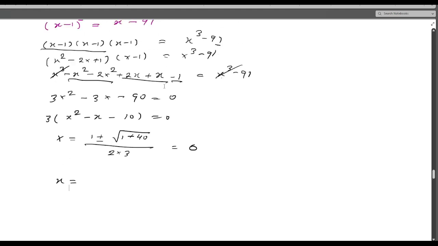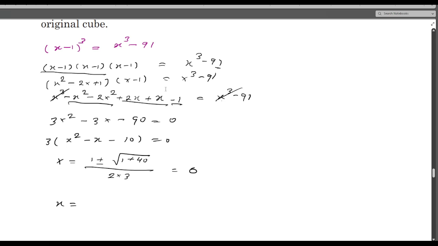But this time again a lot of problem. Sorry. Divide by 2 times a. A is not 3. A is only 2. 2 times 1.